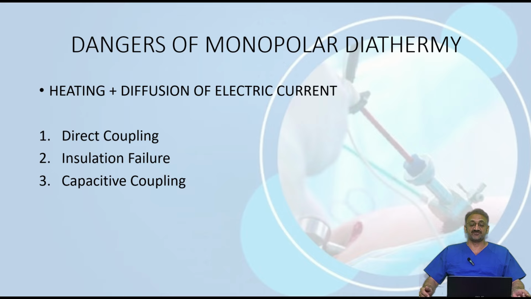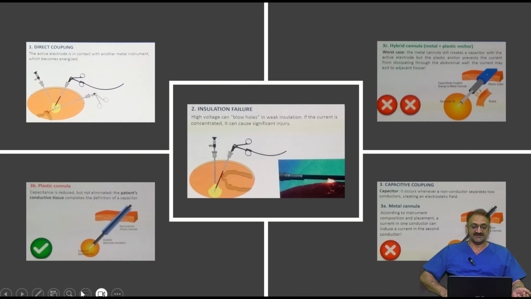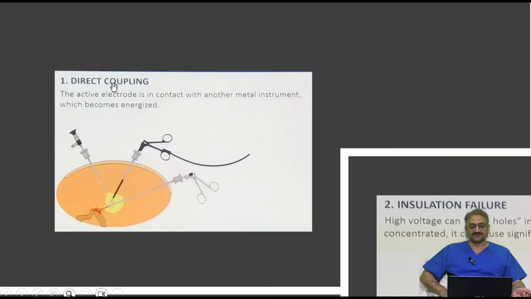What are the mechanisms of monopolar diathermy injury? These can be divided into direct coupling, insulation failure, and capacitive coupling. Talking about direct coupling, you can see there is a telescope in this diagram, and there is a metallic instrument, and that metallic instrument is grabbing or touching a tissue, in this case the gut.